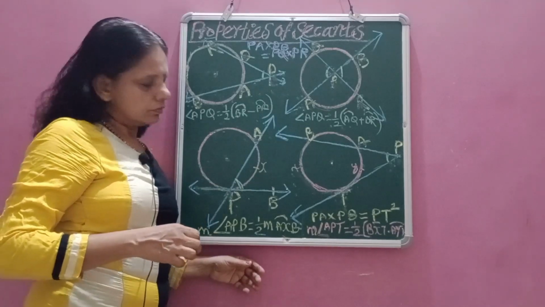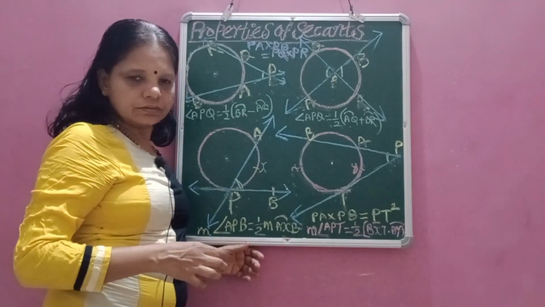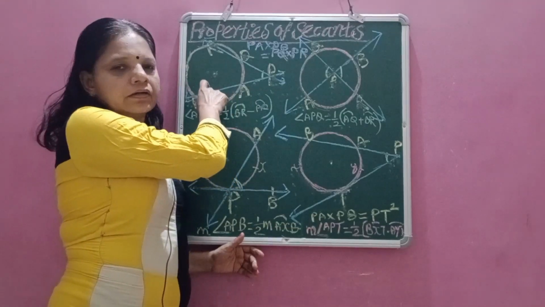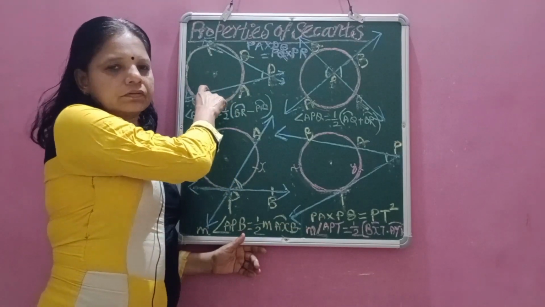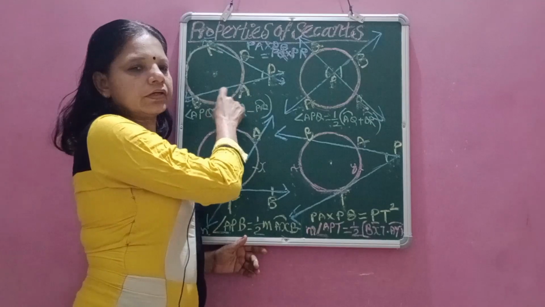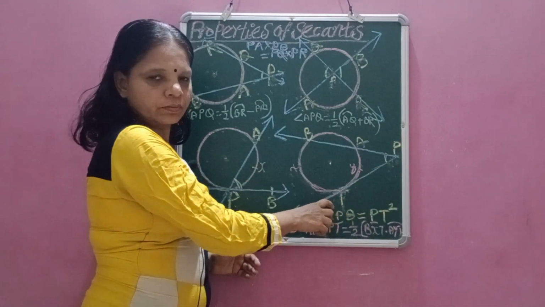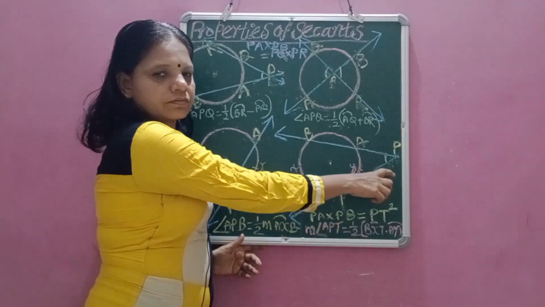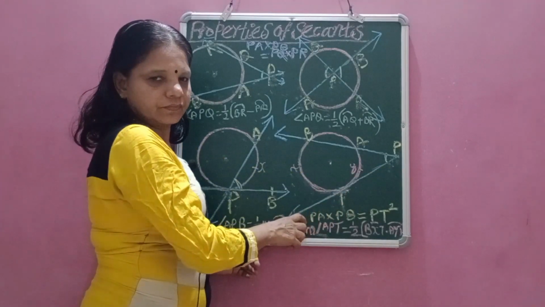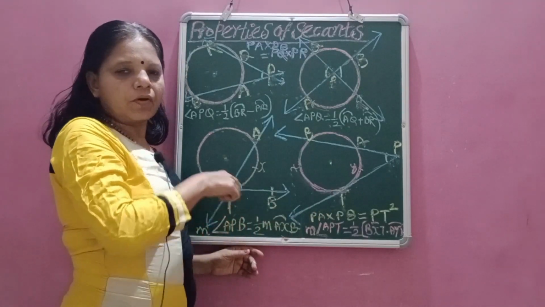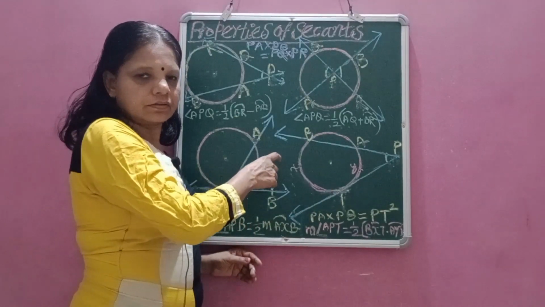Clear? Understood the relation? It is a similar relation for the angle, but the segment relation is different because only one segment is there, because one line is tangent. Clear? So these are some important properties of secants.